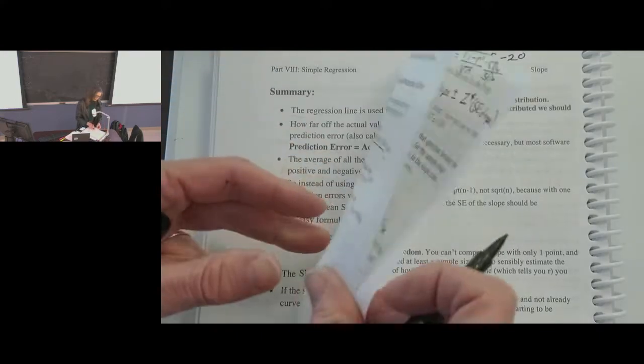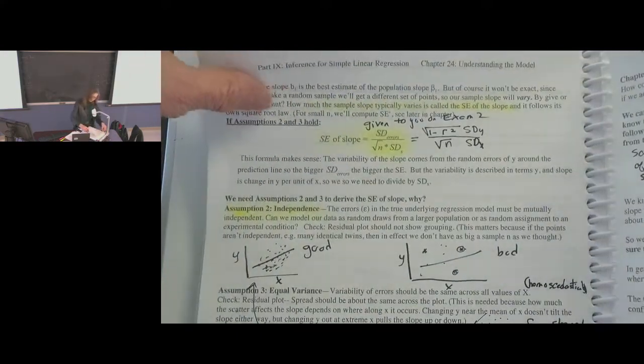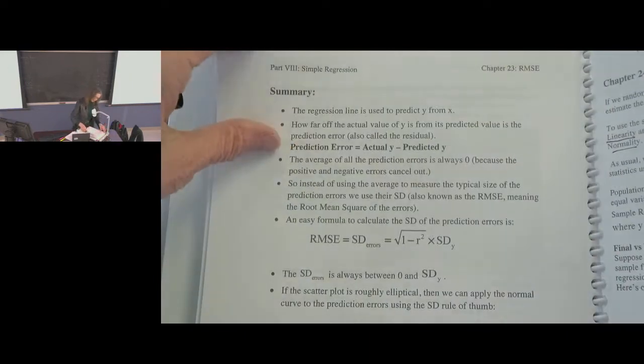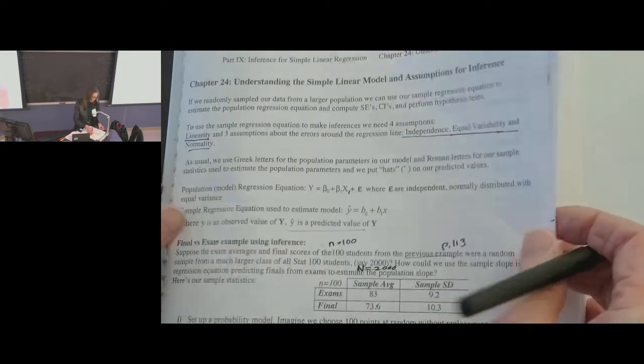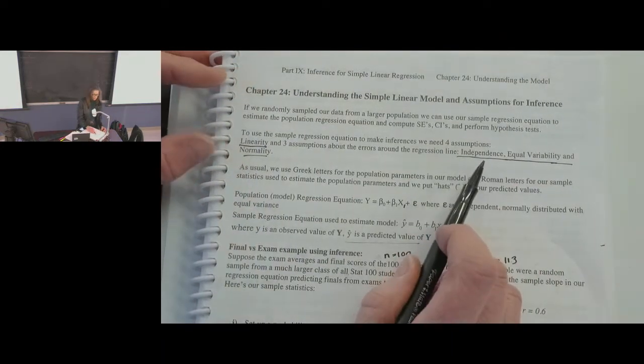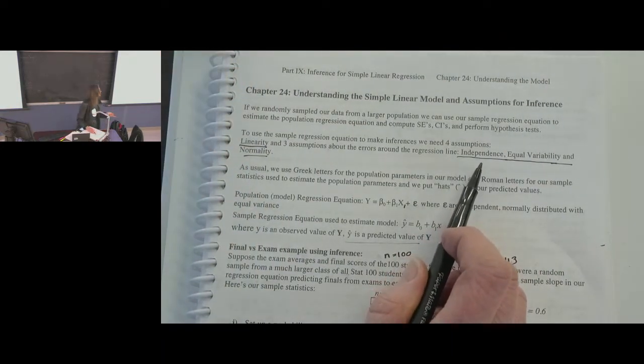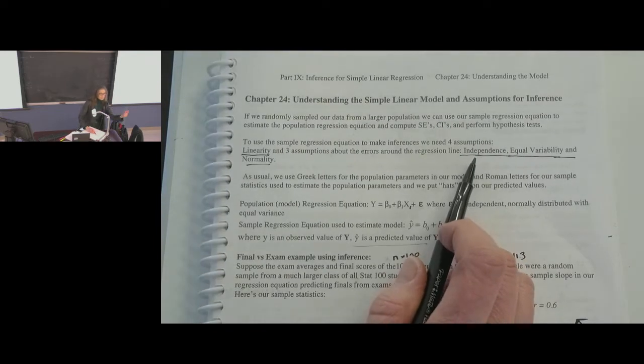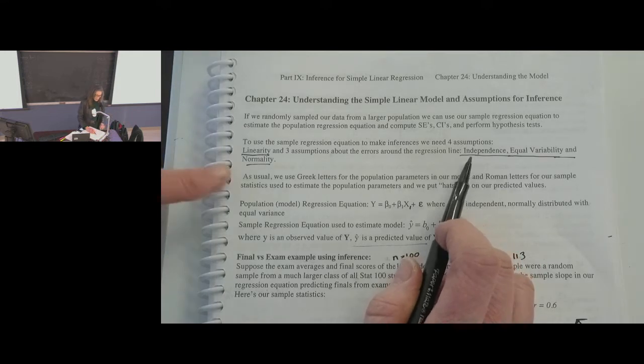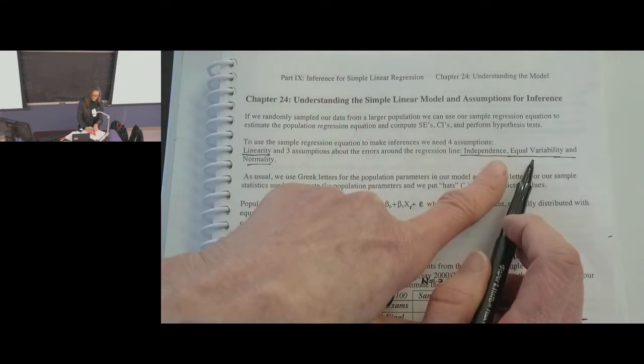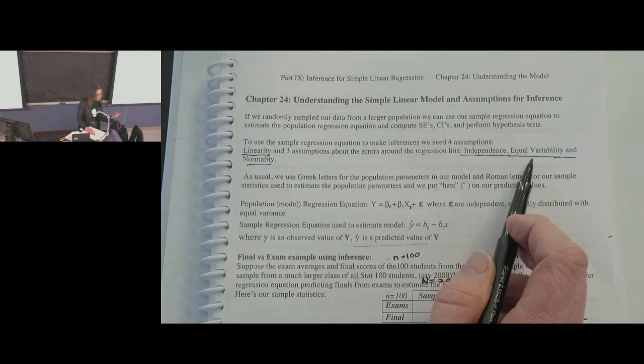And then the other three assumptions previously had to do with what? Had to do with the independence. That was our second assumption, that the errors had to be independent. They can't be linked to each other, like modeled as independent draws randomly, and equal variability across.